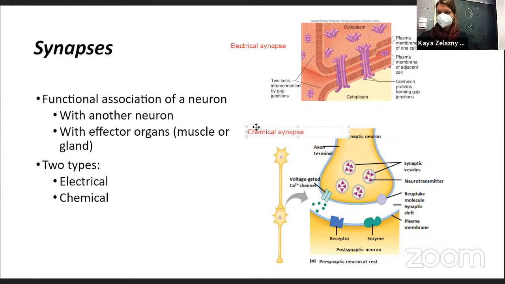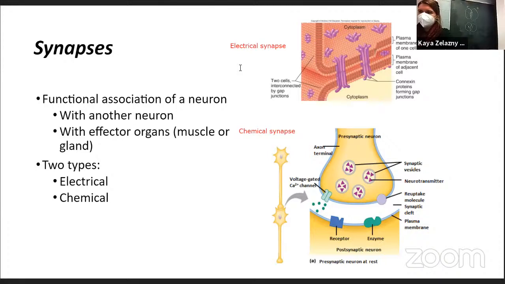And we're going to see that second picture a bunch, so be aware that's a chemical synapse. So we're having our functional association of one neuron with either another neuron or, in our central nervous system, potentially with a muscle or gland if we're in our peripheral nervous system, in which case we call those our effector organs. We're either going to have electrical or chemical signaling.